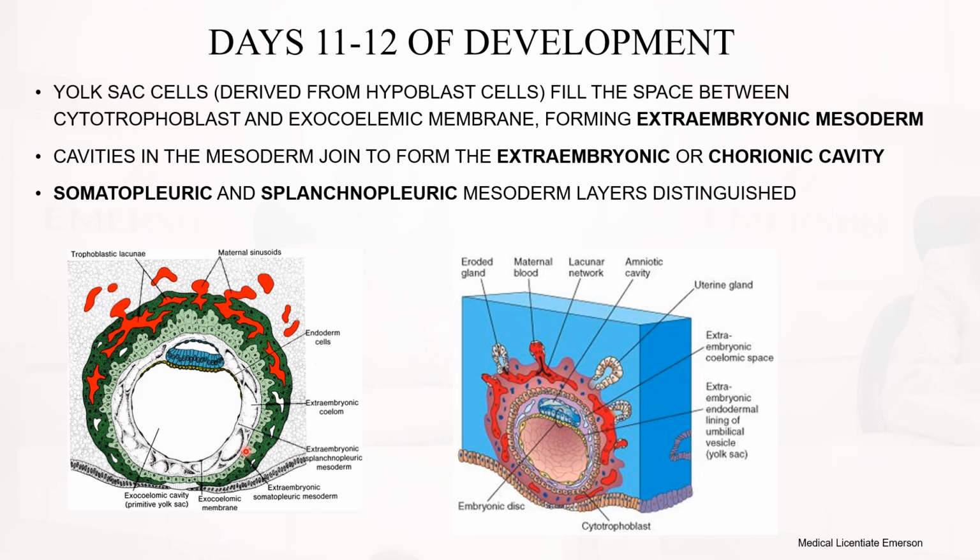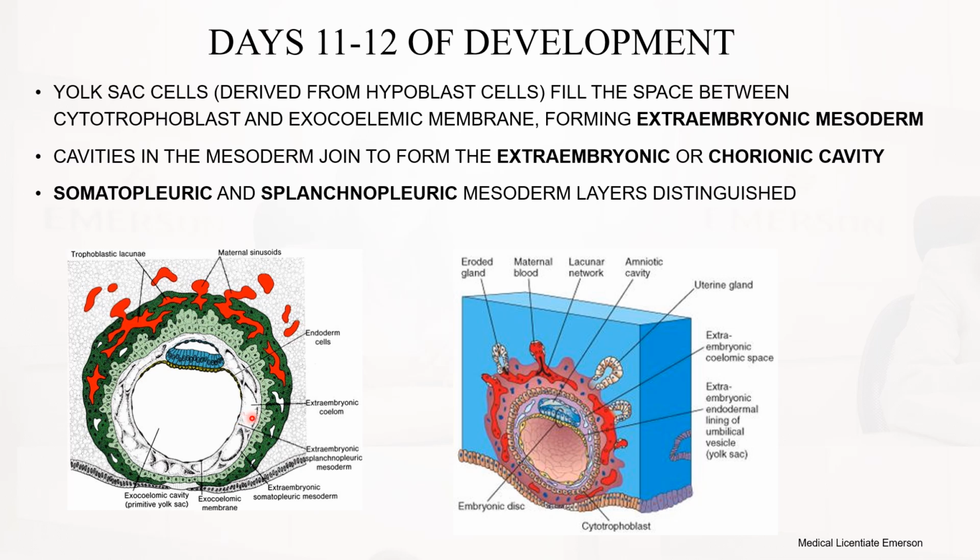Remember, at first we only had the primitive extraembryonic exocoelomic membrane, which was here. Then the cells started to form an extraembryonic mesoderm, the one which is outside here. So this cavity is still called the primitive yolk sac.